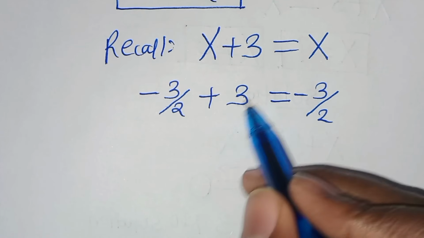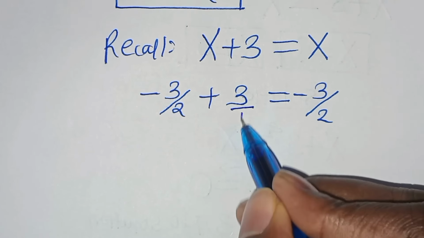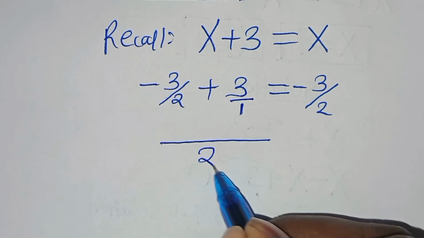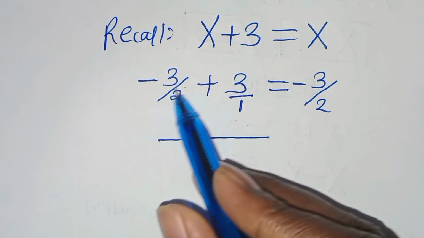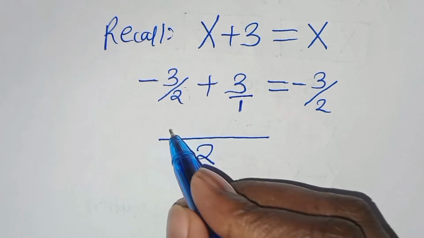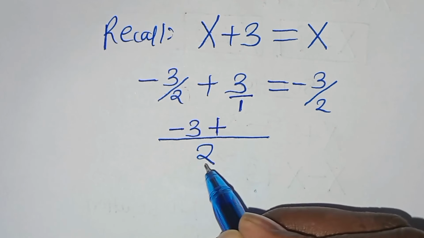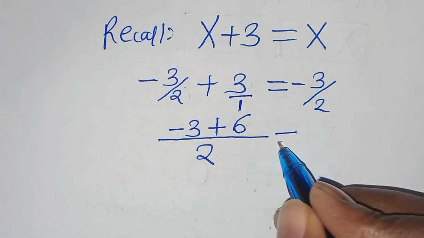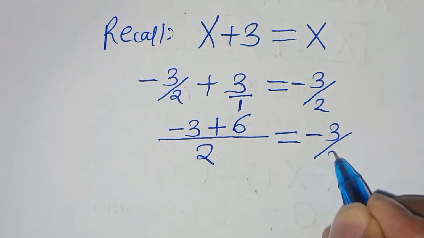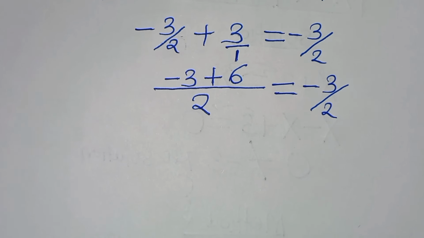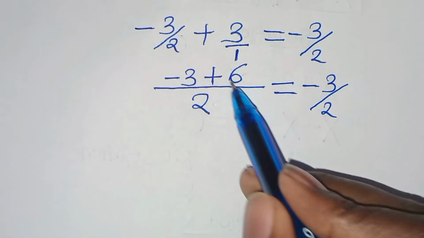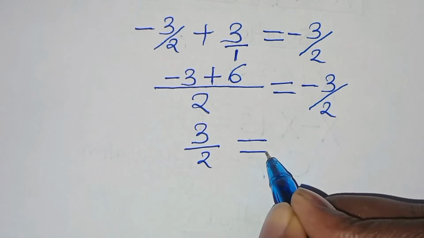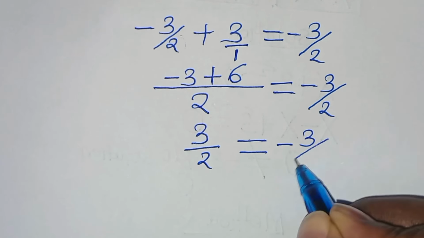From the left-hand side, 3 is a whole number, so this is over 1. So the LCM here is 2. 2 divided by 2 is 1, 1 times minus 3 is minus 3, then plus 2 divided by 1 is 2, times 3 is 6, and this is equal to minus 3 over 2. So we have minus 3 plus 6, this is equal to 3 over 2, and this is equal to minus 3 over 2.